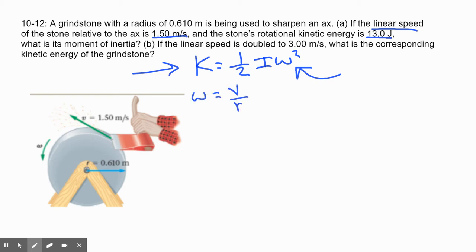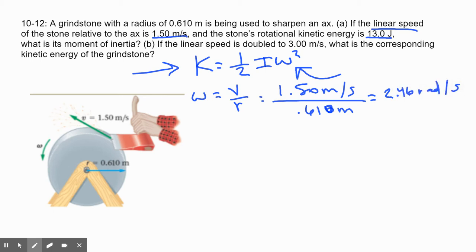Omega is v over r. Well, we have that. We know it's 1.50 meters per second. And we know our radius, it's 0.610 meters. Okay, so our omega here is 2.46 radians per second.